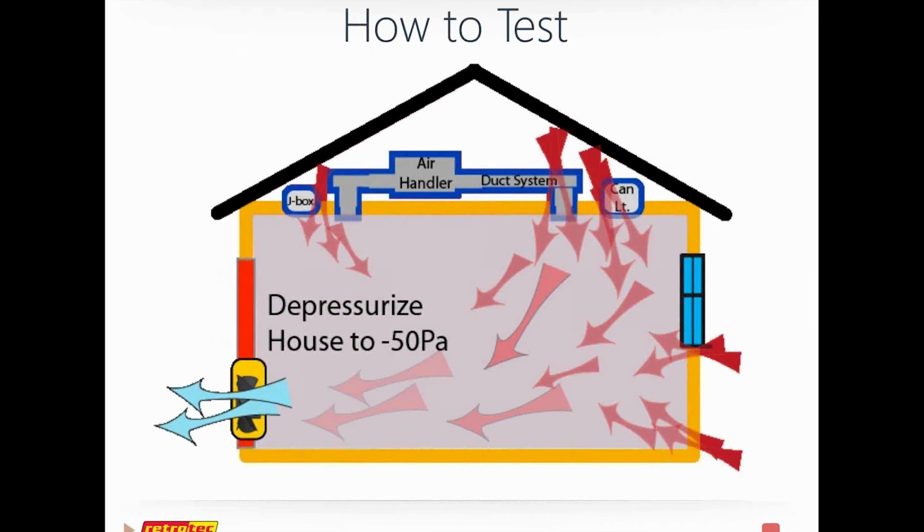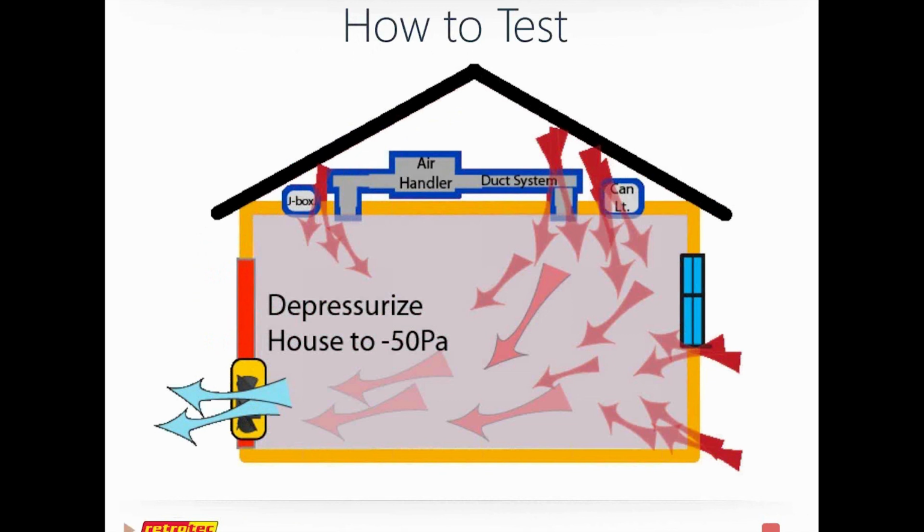That gives us a specific number, whether we test in CFM or air changes per hour, that tells us how much air is moving through the shell of the house, how much air is coming indoors from the outdoors, and those are called bypasses.